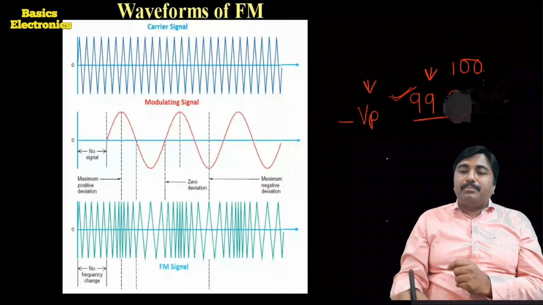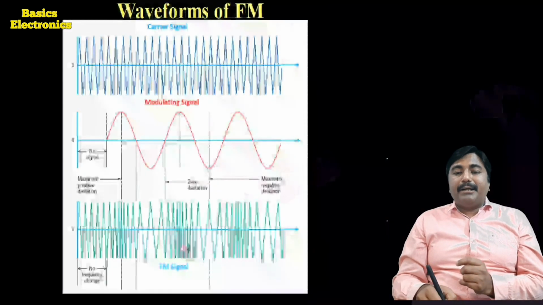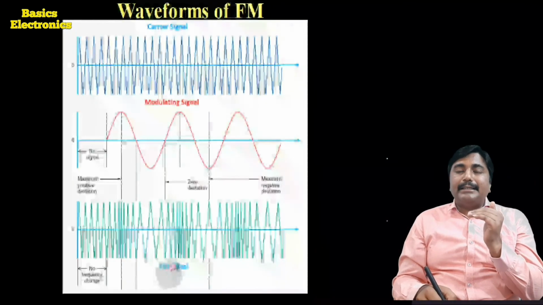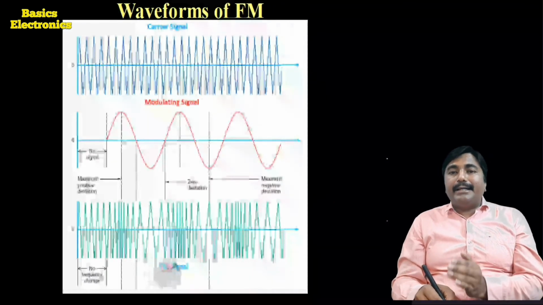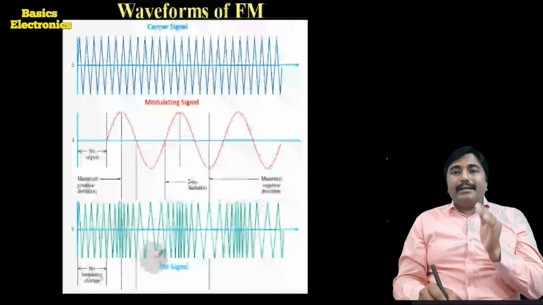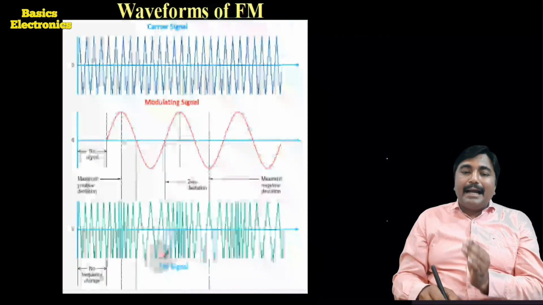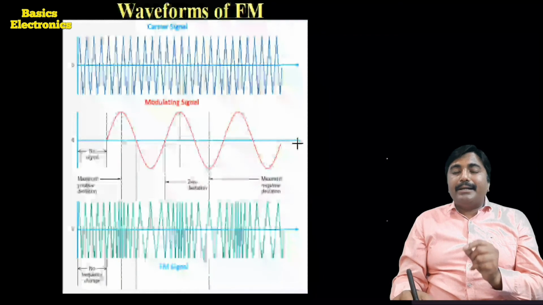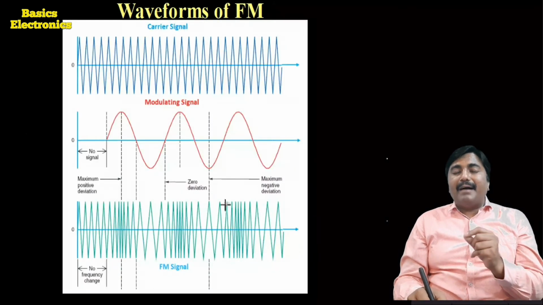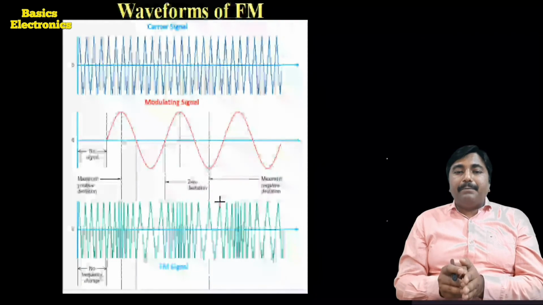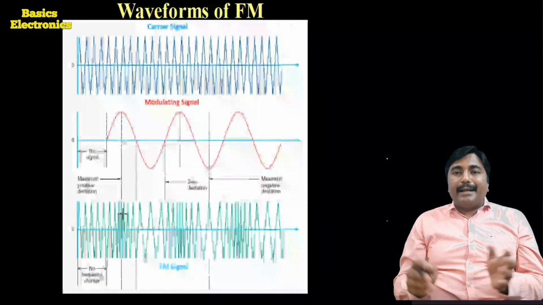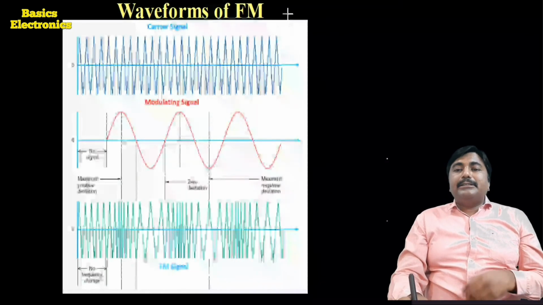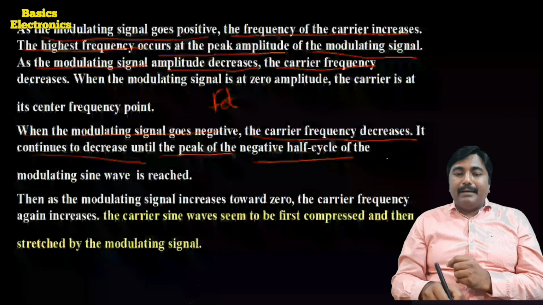As the amplitude of the modulating signal increases, the frequency increases, and it attains the maximum frequency when the modulating signal has its peak voltage. As the modulating signal voltage starts decreasing, the frequency also starts decreasing, and it reaches the minimum frequency when the modulating signal reaches the minimum voltage minus Vp. The waveform looks like compress and stretch. Okay, the change in the frequency we call the frequency deviation.